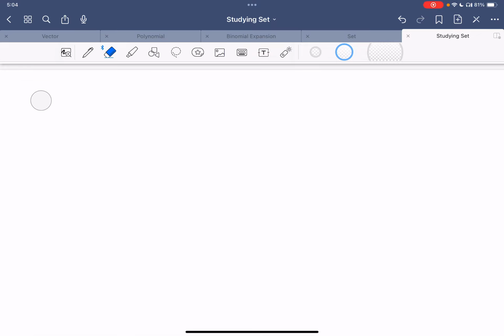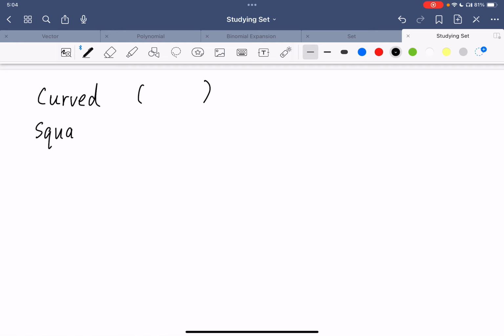The first one, curved brackets, look like this one. Next one, square bracket. Square bracket looks like this one. And we also have this one, usually for a set.